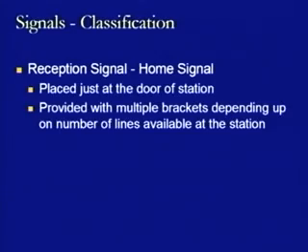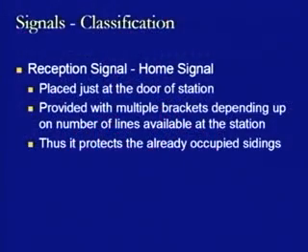Whereas, if there are multiple tracks on which the trains can be taken up, then the signal post will be provided with multiple brackets or multiple arms, and depending on which track we have to move the train, that particular home signal will be activated. So, multiple brackets depending on the number of lines available at a station are provided on the signal post.